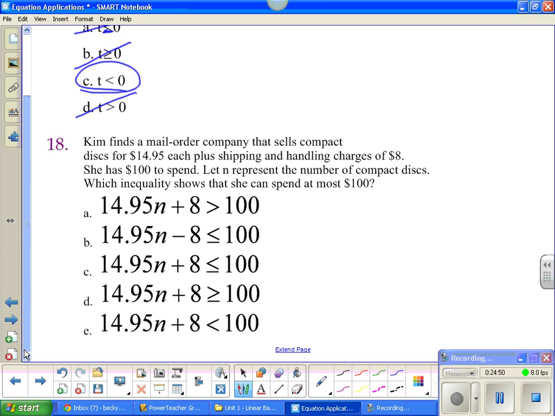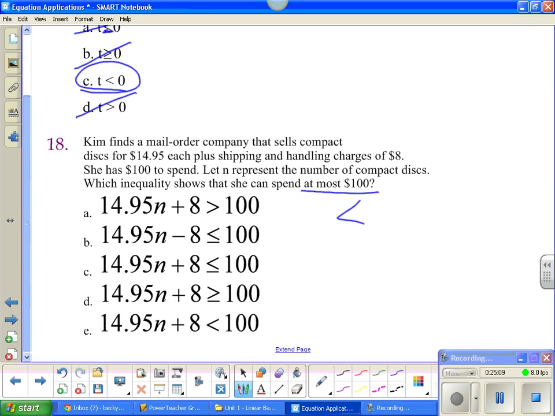Kim finds a mail order company that sells compact discs for $14.95 plus shipping and handling charges of $8. She has $100 to spend. Let N represent the number of compact discs, which inequality shows that she can spend at most $100? She has $100. She can't spend more than that.